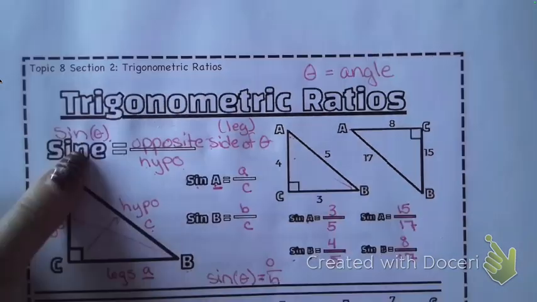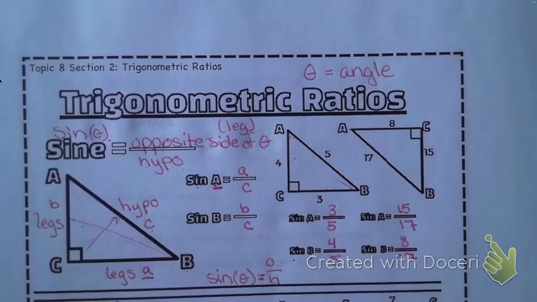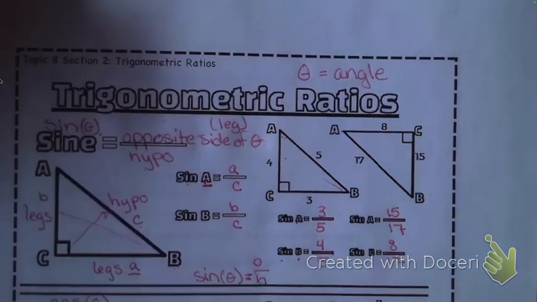When you see SIN, you say sine. You don't say sin. You don't say cos. You don't say tan. You say the whole word. Got it? If you don't say the whole word, I'll make you write the whole word.